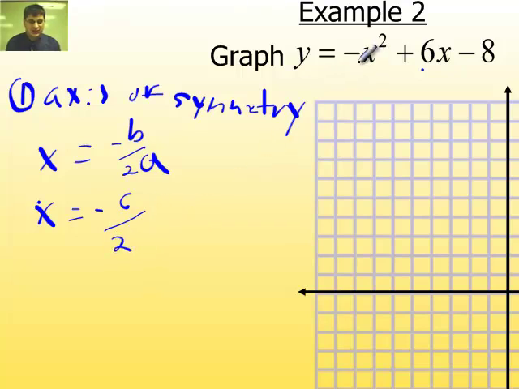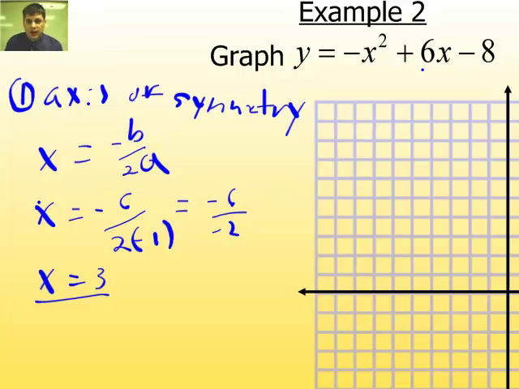Our a value, since there's a negative in front of the x squared, is negative 1. So we would evaluate that as negative 6 over negative 2. Therefore, x is equal to 3. And that's going to be our axis of symmetry.